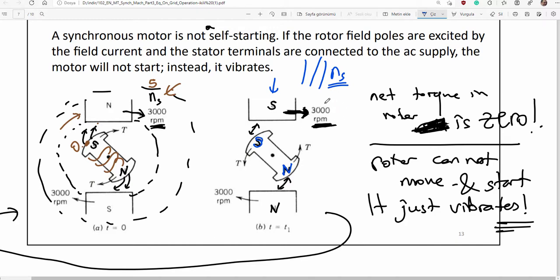Let's say the stator's rotating speed is 3000 rpm, the rotor is less than that, but approximately close to 2980. There's a difference, but it is approximately close. The rotor gets an asynchronous speed.